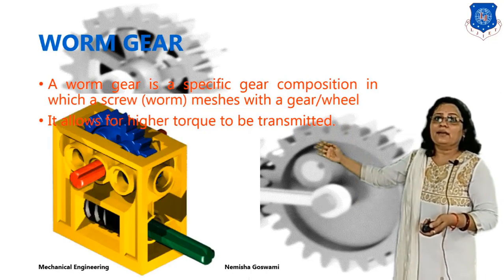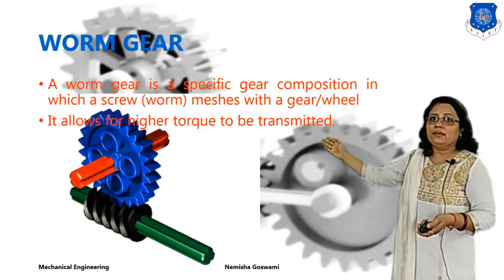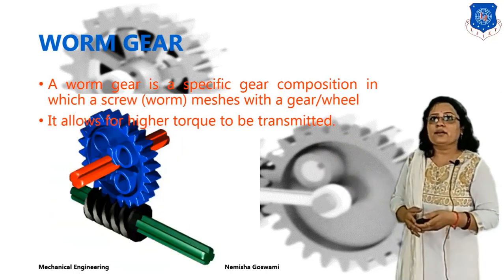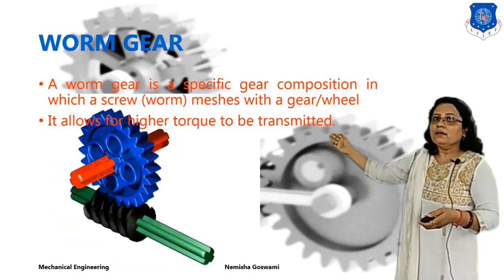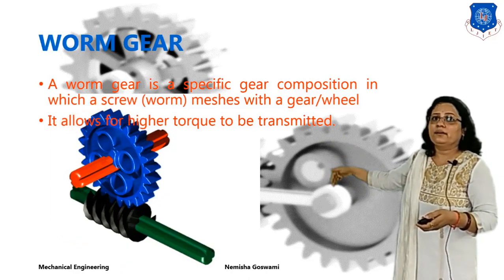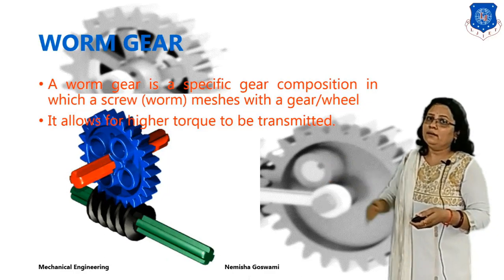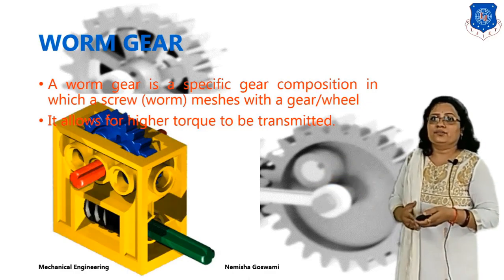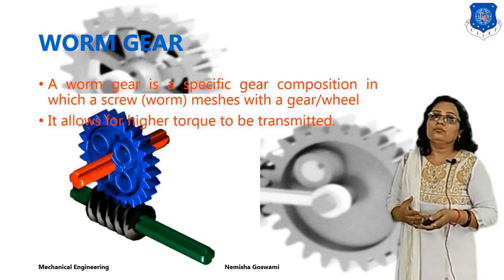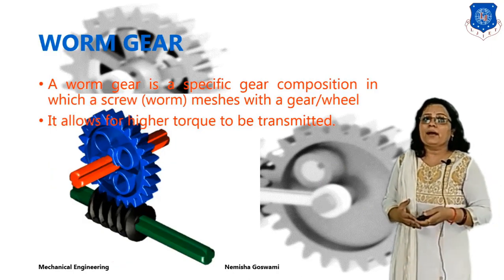We consider that this type of tooth gearing is weak, so that's why we always design the worm gear on the basis of the gear, not on the basis of the screw-like thread structure, right? So these types of gears are used to transmit heavy power, right?